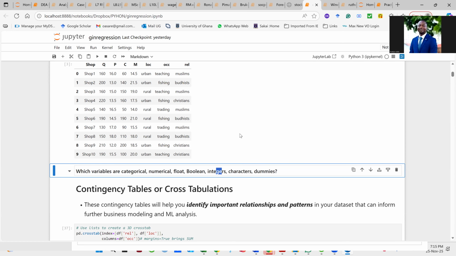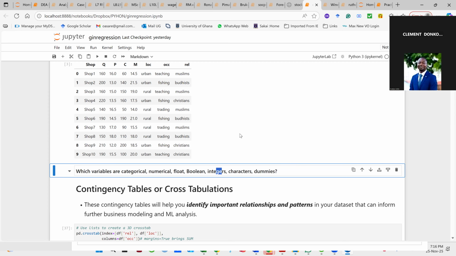I know you are not sure. But you have the idea. Okay, it is that one. Which variables are integers? Integers. An integer is a positive or negative number. Clement.